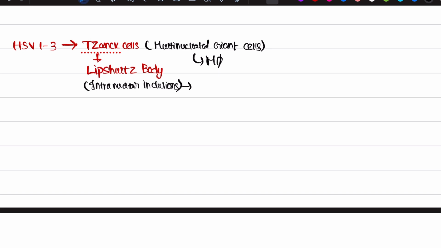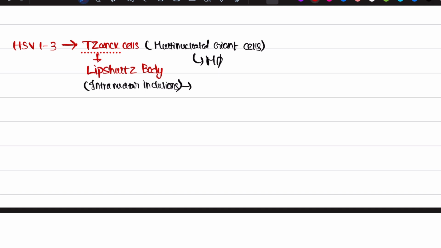Okay, these intranuclear inclusions are divided into Cowdry type A and Cowdry type B. Please try to remember, don't go deep, just remember intranuclear inclusions, particularly Lipschutz bodies, are due to herpes infection. In herpes infection, we are going to see Lipschutz bodies. Lipschutz bodies are intranuclear inclusions.